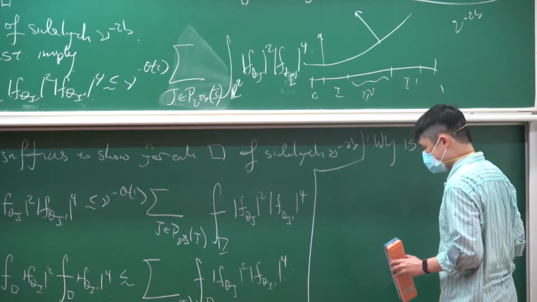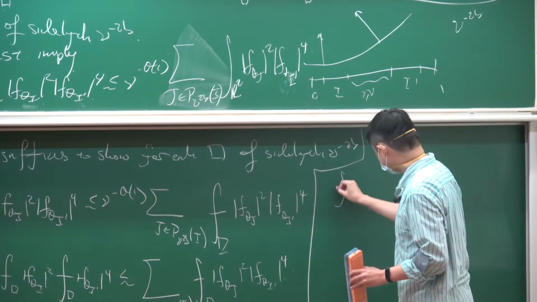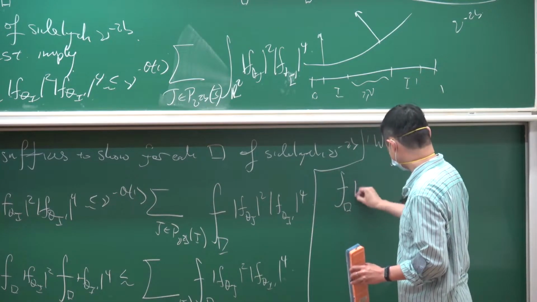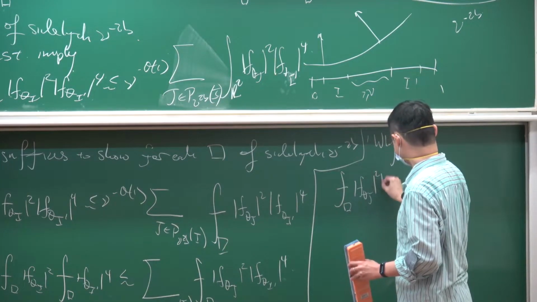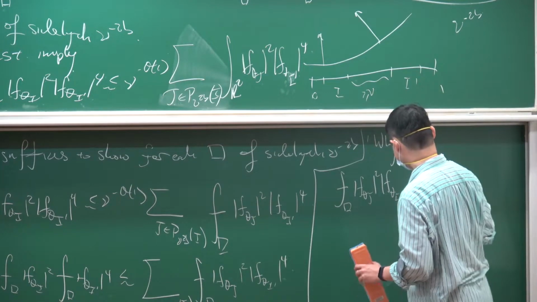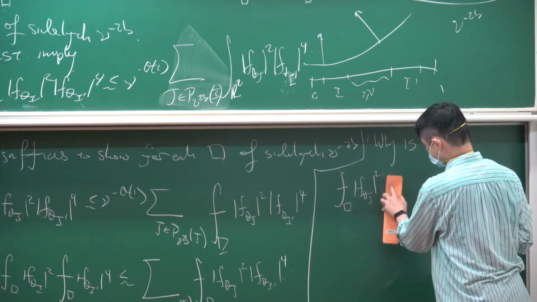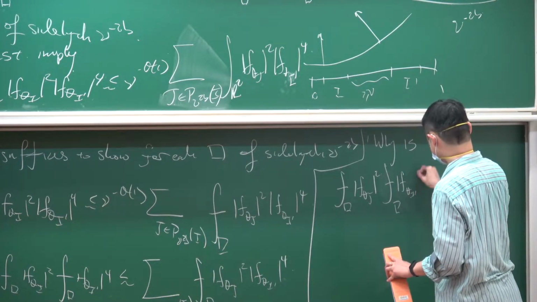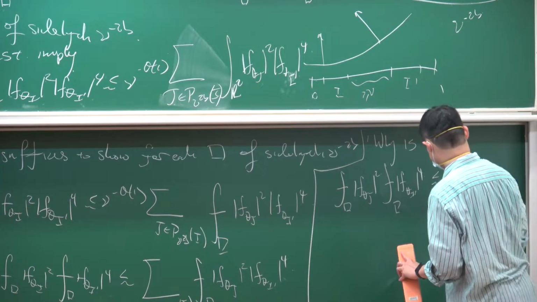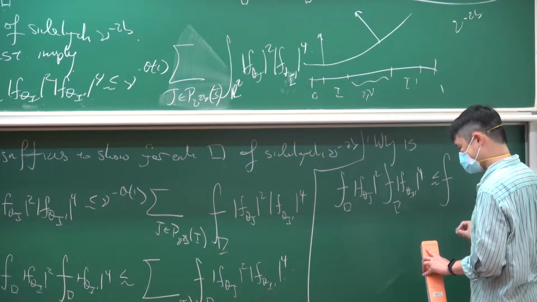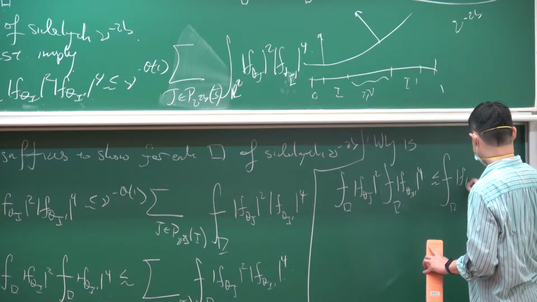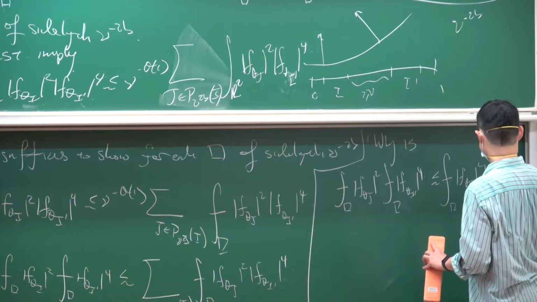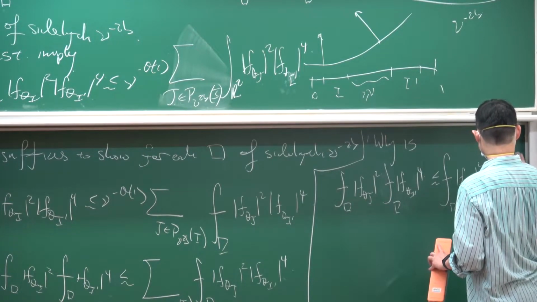Why is the integral over the box of f theta j squared, f theta I prime, oops, there are two of them, f theta I prime to the 4, bounded by the average integral of f theta j squared, f theta I prime to the 4.